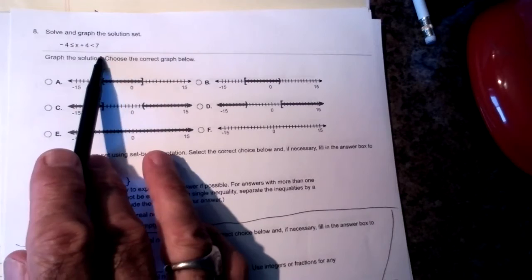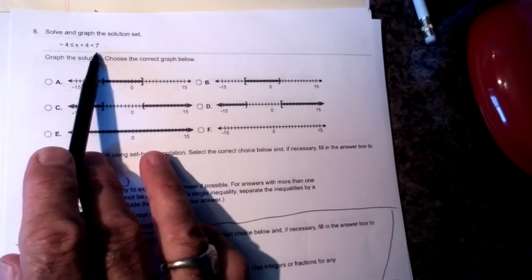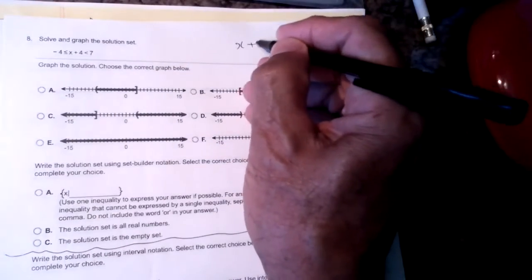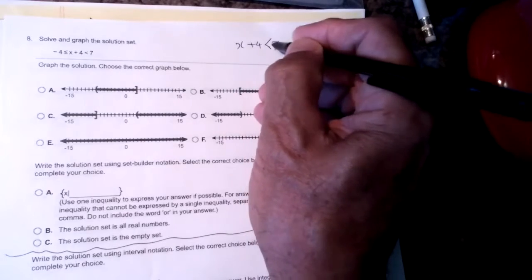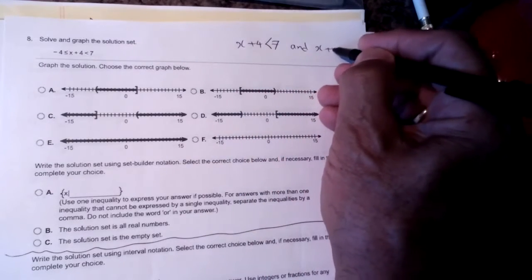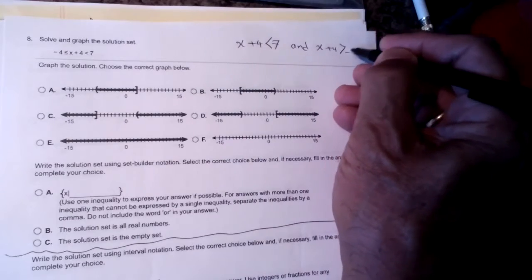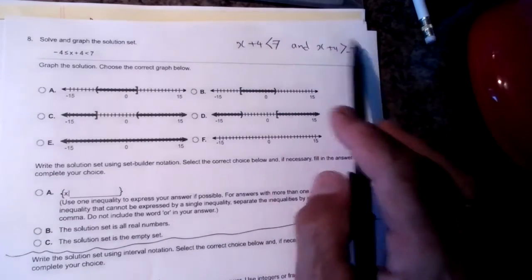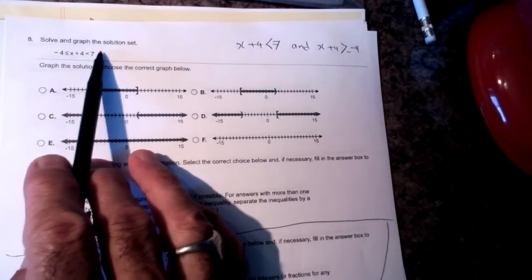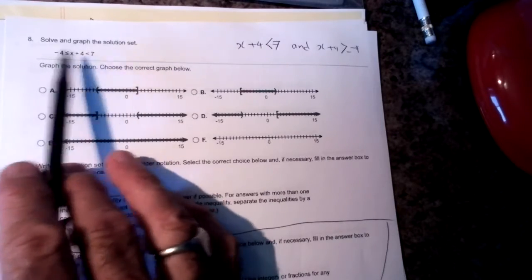We write it like this as intersections. So instead of saying x plus 4 less than 7 and x plus 4 greater than minus 4, instead of writing like that, we just put x plus 4 between these two numbers. So this is another way of writing intersections.